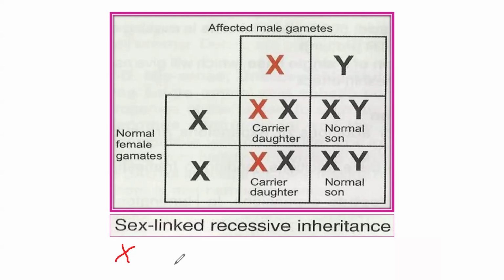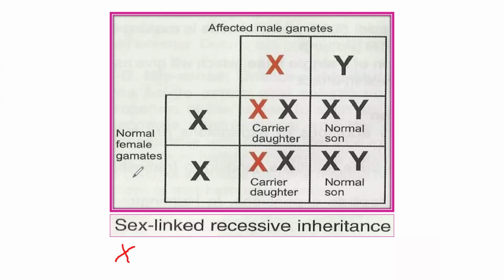So what we are saying here is, in the X-linked recessive inheritance or sex-linked inheritance, for example, now look at it. This is a normal female gamete, and this is the affected male gamete.